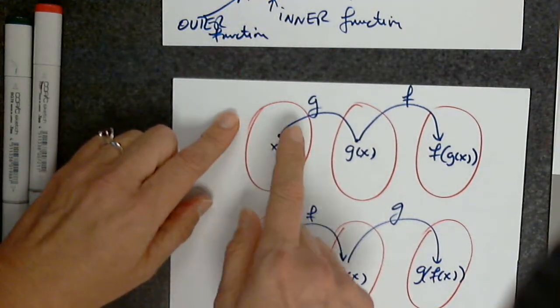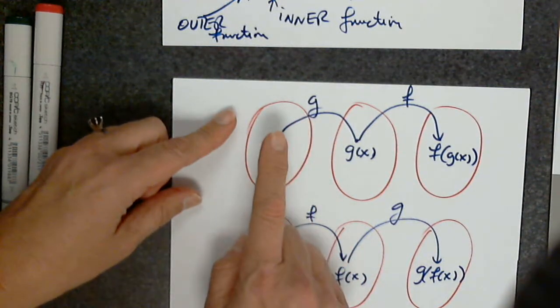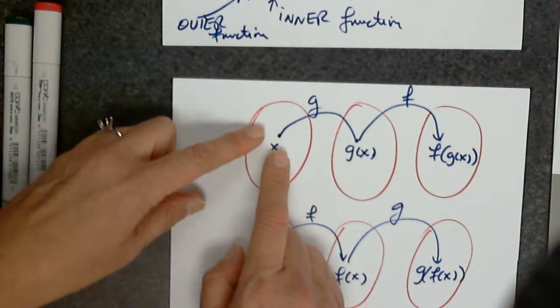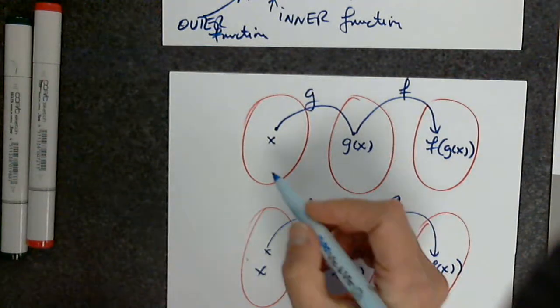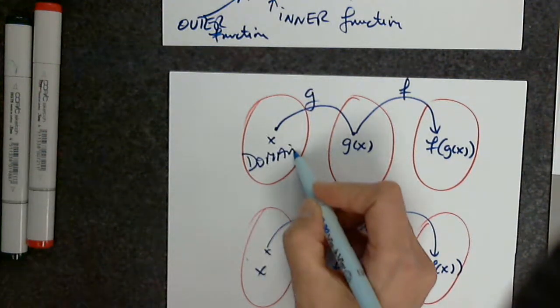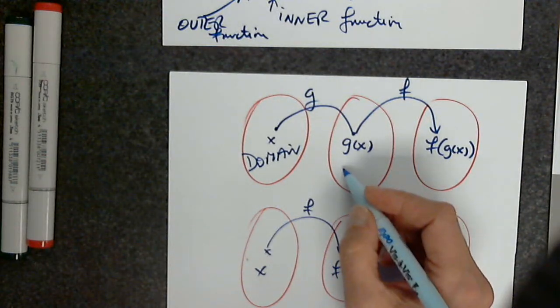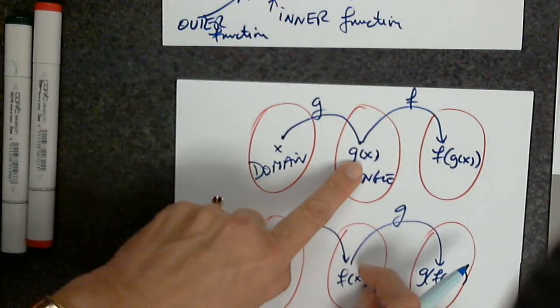So this set represents what for G? What is it called? Just a name. What is this set called for G? Of course, domain. What is this set called for G? Of course, it's the range. There are values of G right here, right?